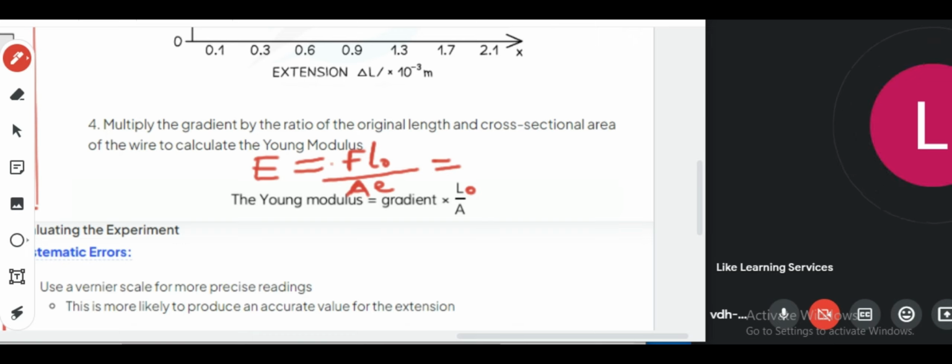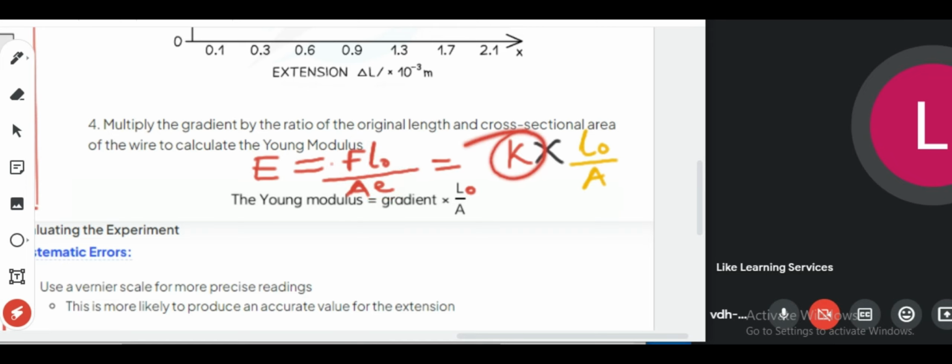Which we found to be F, or spring constant, times original length over cross-sectional area. Force over extension itself is spring constant.